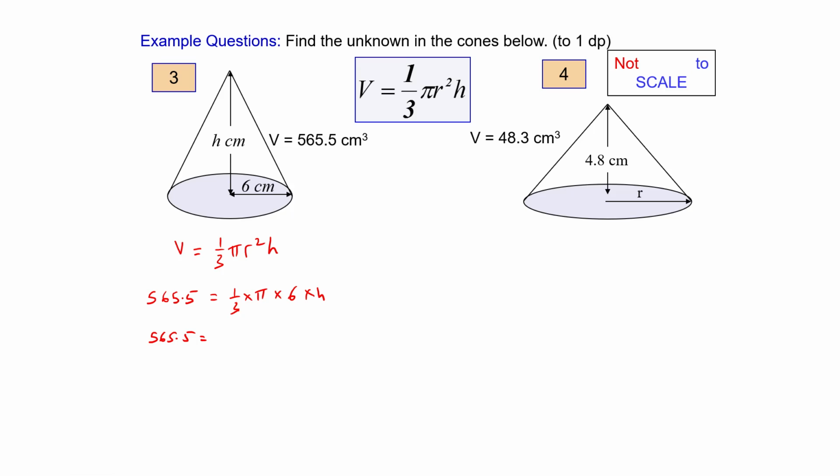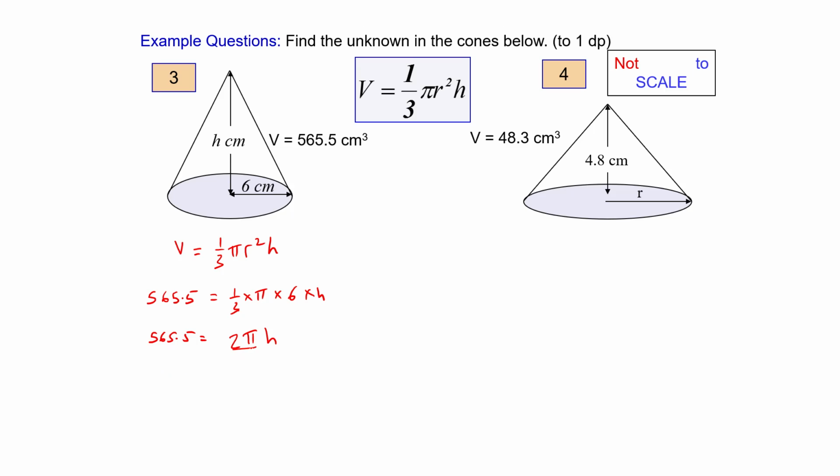So if we put that in our calculator, we have 2 pi. So that's 2 pi times h. That means to get h on its own, we're going to divide 565.5 by 2 pi.